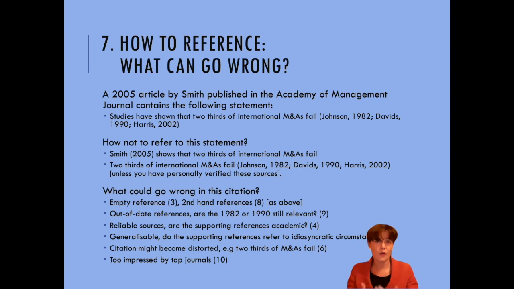Even publications in top journals might occasionally include things that are not quite as they should be. So don't think just because an article has been published in a top journal that every single word in that article can be relied upon. I'm not saying that you can't rely on the article as a whole, but don't just assume that every single reference is okay, because the article might well contain 200 references and you don't know whether the author has checked every single reference themselves, even though we all know we should.